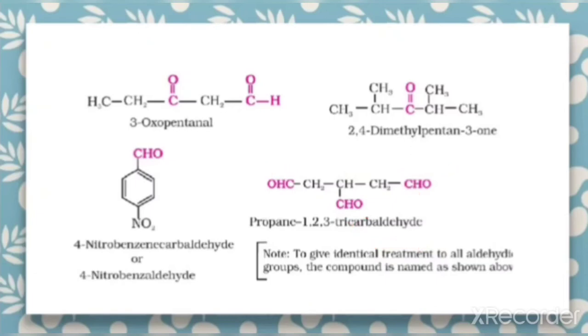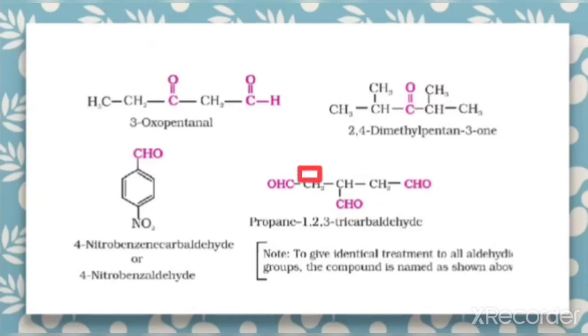So in such a case, we will not be including the aldehyde groups in the main chain. So which one is the main chain here? Only the 3 carbon atoms are in the main chain, not the aldehyde groups. Once again I will draw it here. So which one is the main chain here?